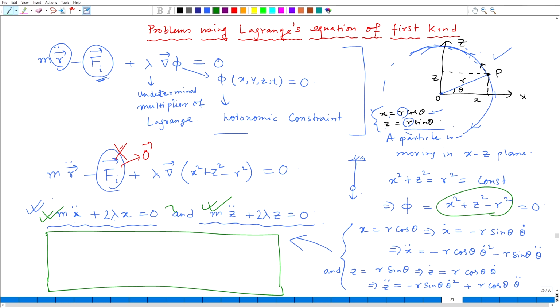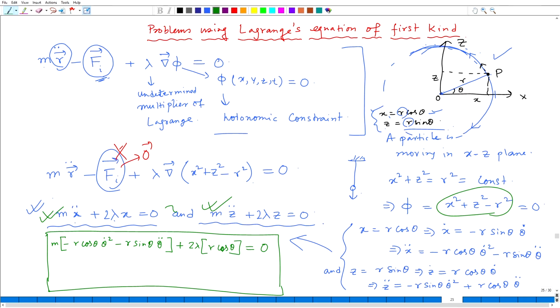So, I can write then m times minus r cos theta theta dot square, minus r sin theta theta double dot, plus 2 lambda, x is r cos theta, cos theta, and that will be equal to 0.